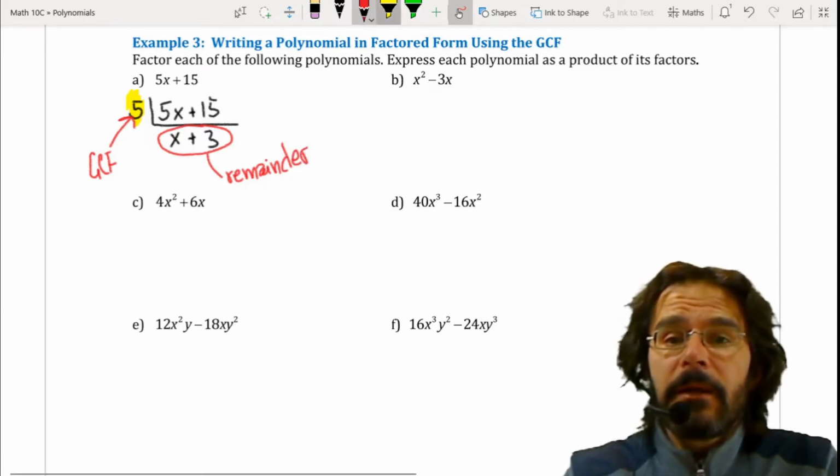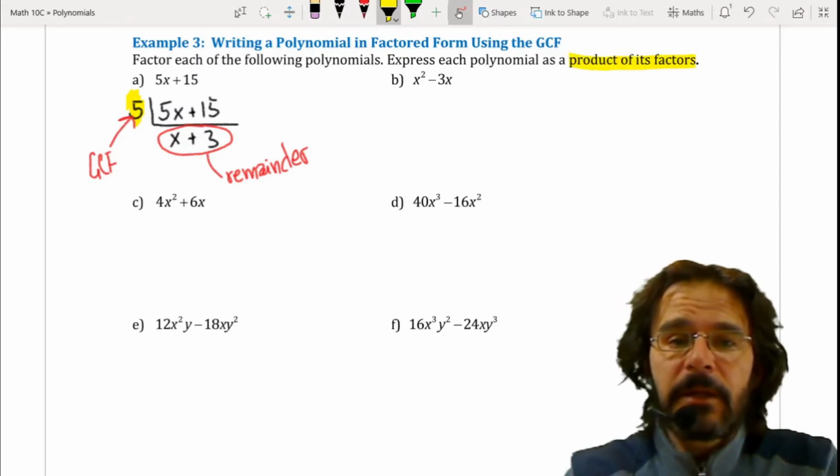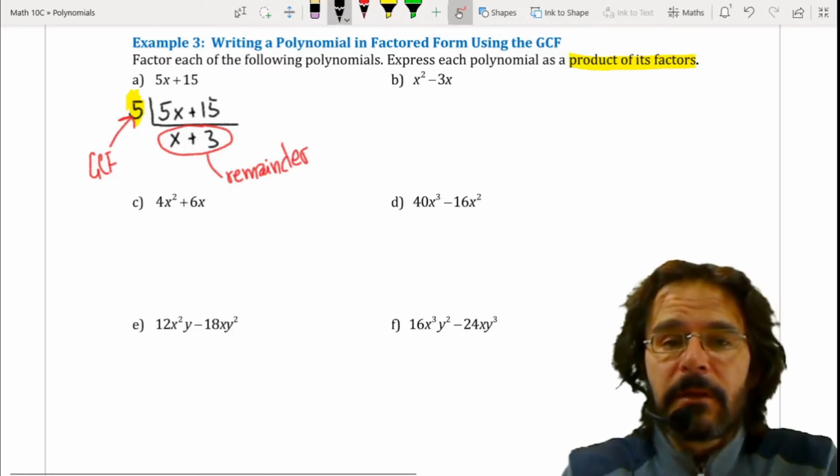This question asks us to express each polynomial as a product of its factors. Well, there are two factors, 5 and x plus 3, and a product means multiplication, which means we can express this as 5 times x plus 3.